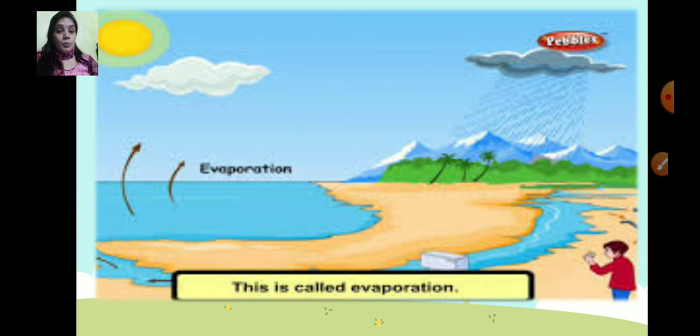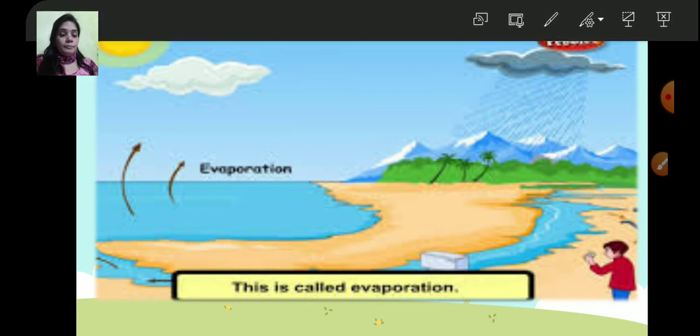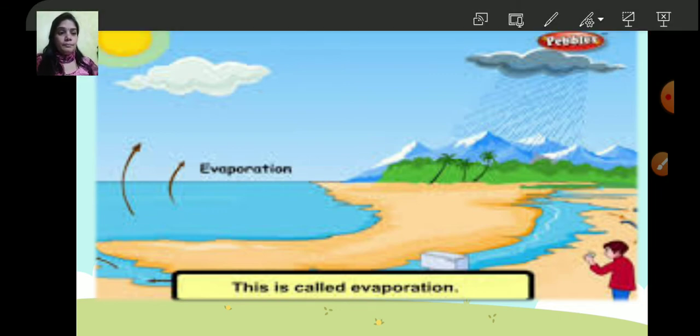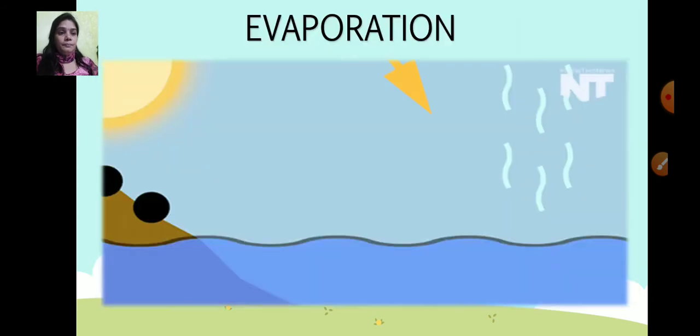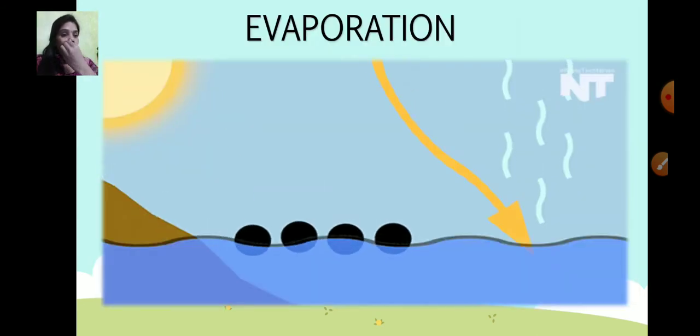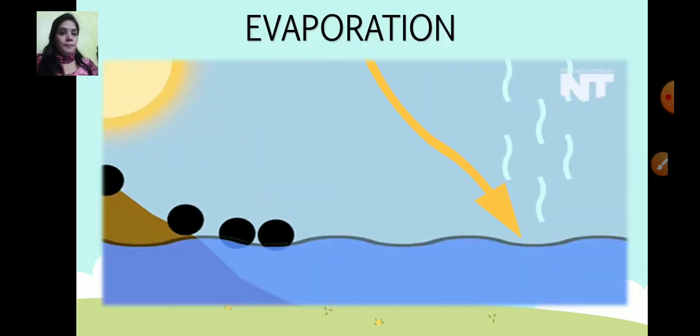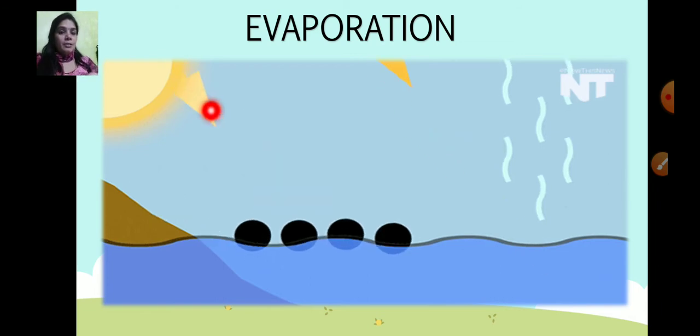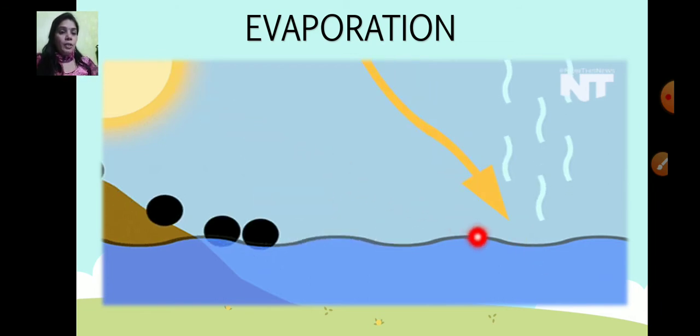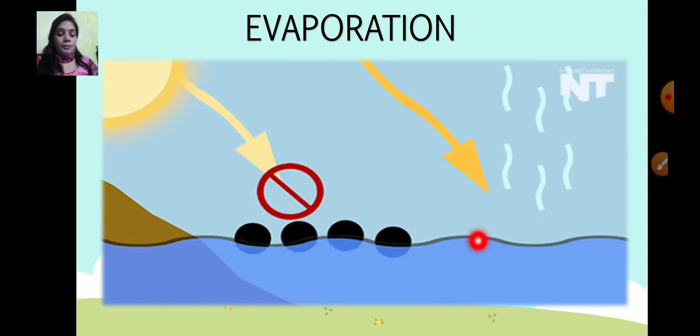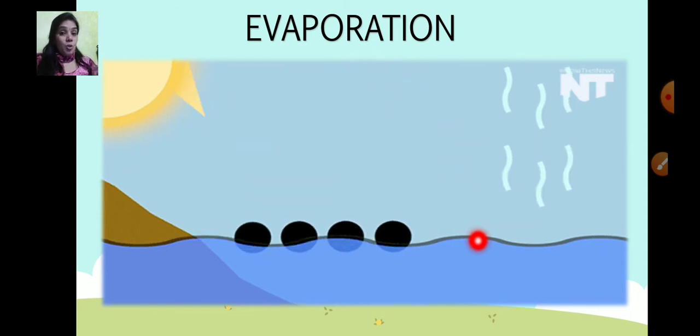Okay, we have one more experiment for this. Now you can see the evaporation here. The sun rays are falling on the water, so it happens all the time.